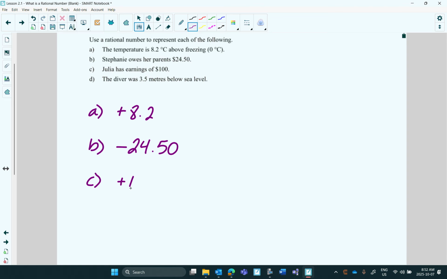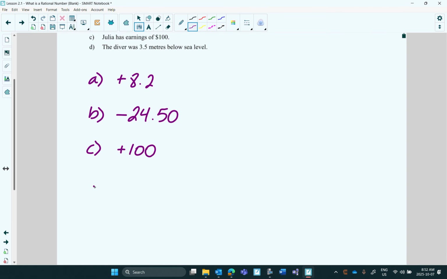No dollars. And the diver was 3.5 meters below sea level. Negative 3.5. So remember, what kind of words mean negative? If you owe something, if it's below freezing or below sea level, things like that.